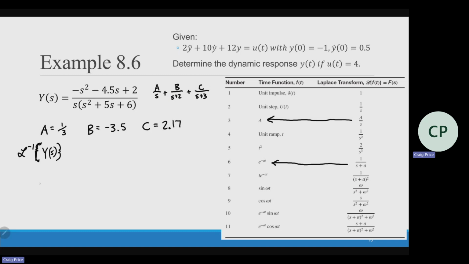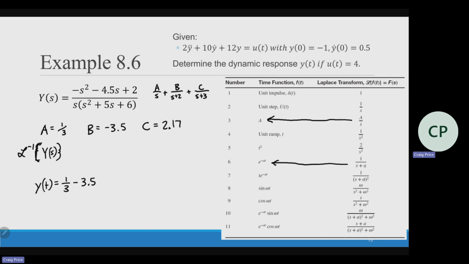So for example, y as a function of time equals A, which is 1/3 over S. So this is going to give me 1/3. B is negative 3.5. Now B is over S plus 2.